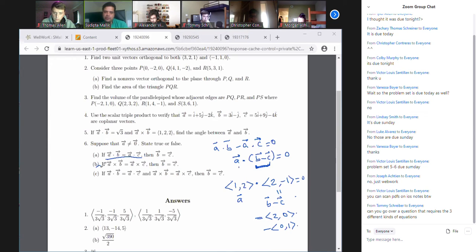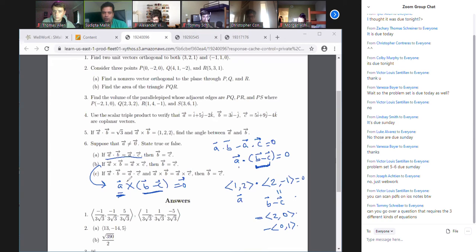Yeah. Same thing is true here. If you do this part, A cross (B minus C) is the 0 vector. That means what? This is parallel to B minus C. It doesn't mean that B minus C is the 0 vector.